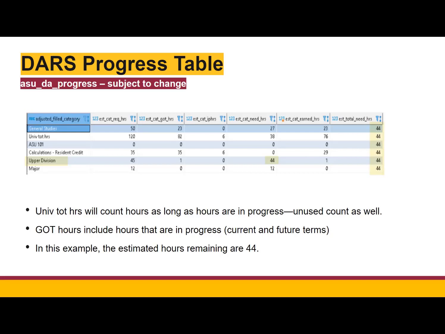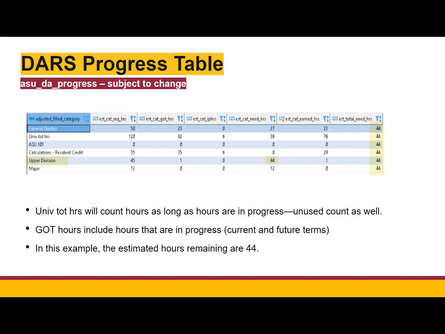They just keep going. I think the unused hours do the same. And when I say unused, those would be the hours at the very bottom of an audit that don't count towards any requirement, but they do count towards the hours.